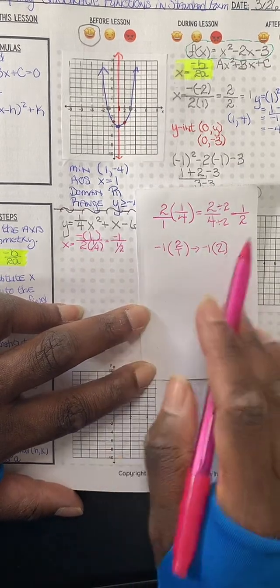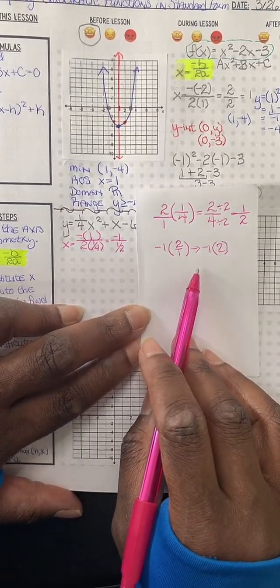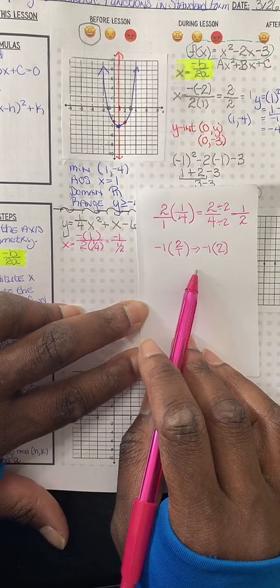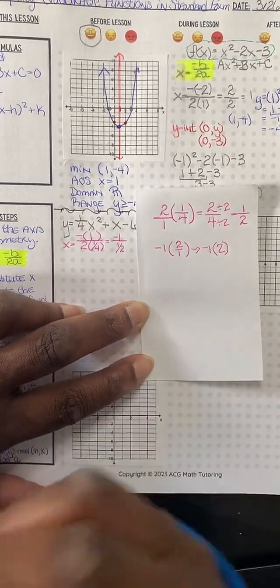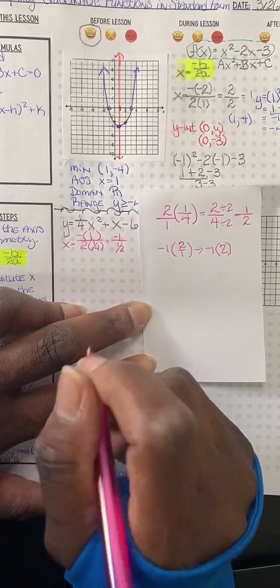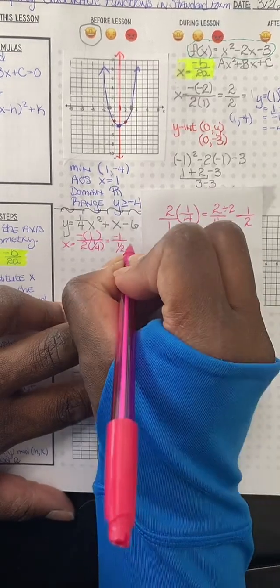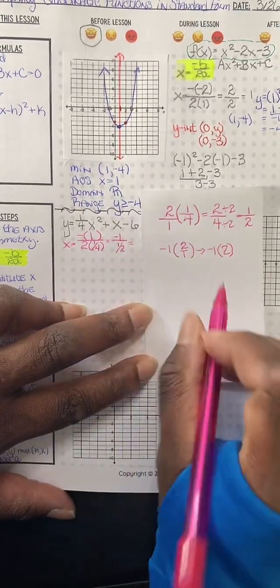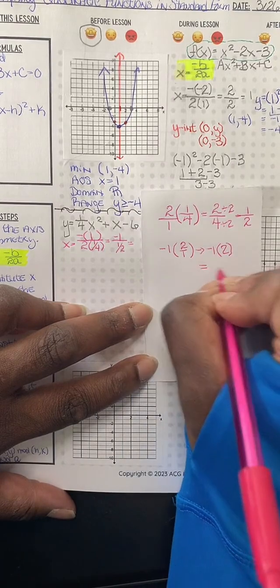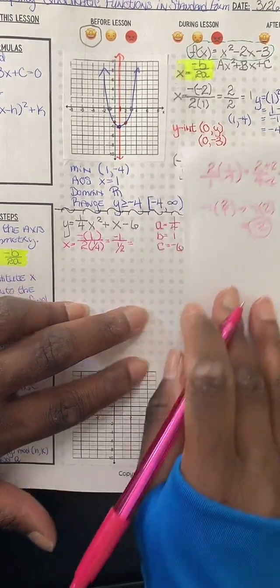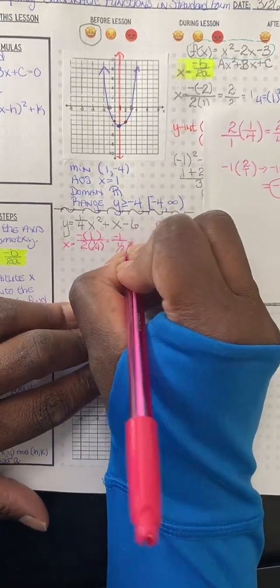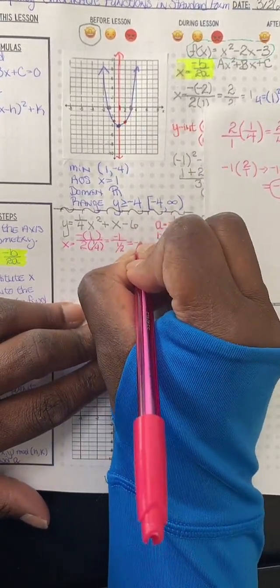Is it a long way around? Yes. Could I have simplified it a little bit better? I probably could have. But I want you to see where everything is coming from. So in actuality, this x is going to equal -2. So my x value is -2.